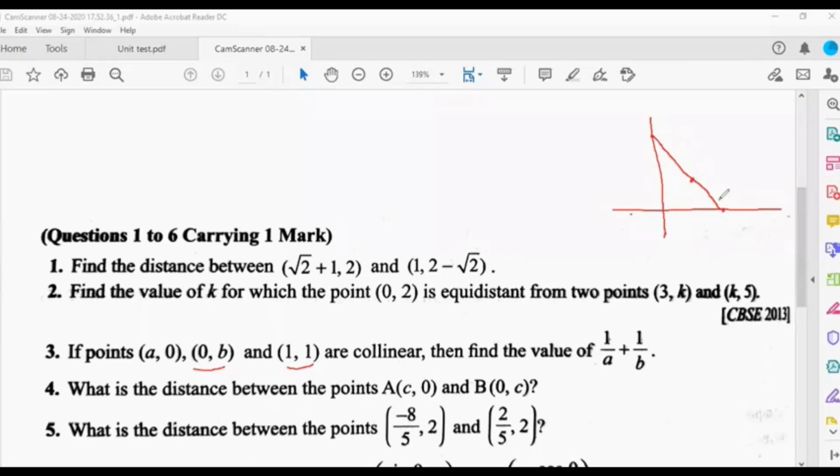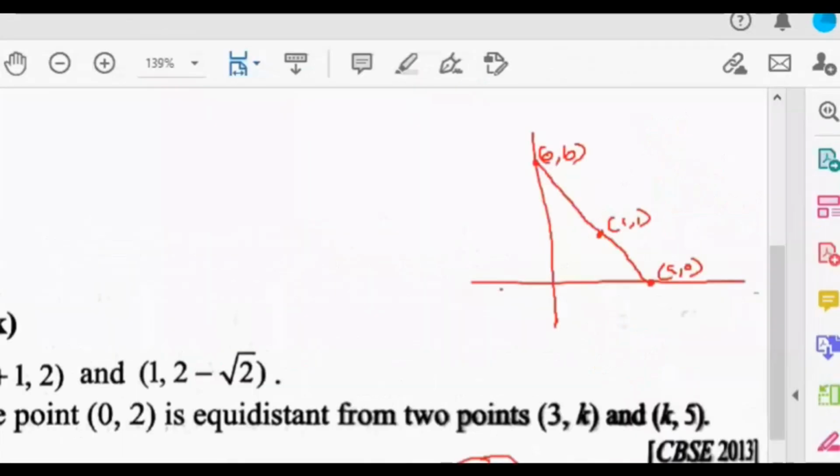The question is to find the value of 1 by a plus 1 by b. So the given points we can mark here: this point is (a, 0), this point is (1, 1), and this point is (0, b). When we derived the distance formula and the section formula, we applied some ideas of similar triangles.